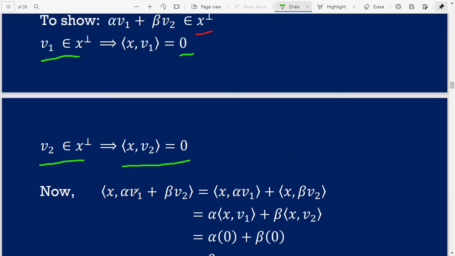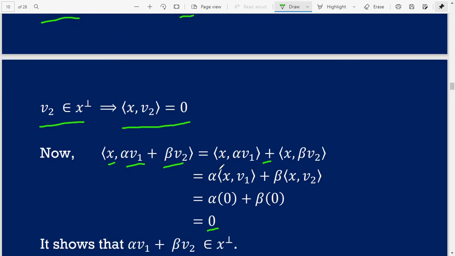So now, the inner product of x with alpha v1 plus beta v2. Using the property of the inner product, this is alpha into the inner product of x with v1 plus beta into the inner product of x with v2.